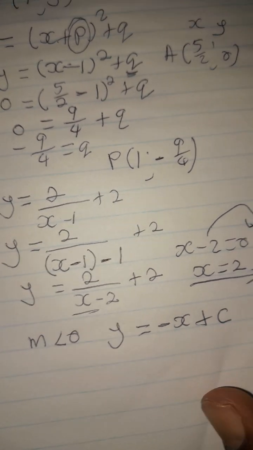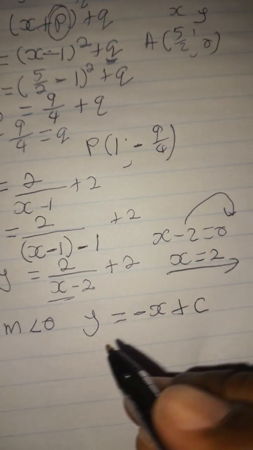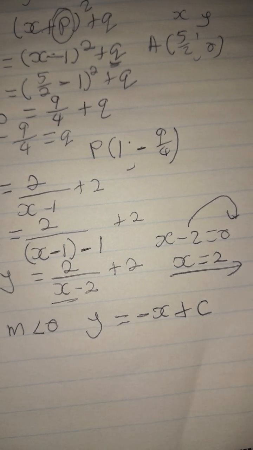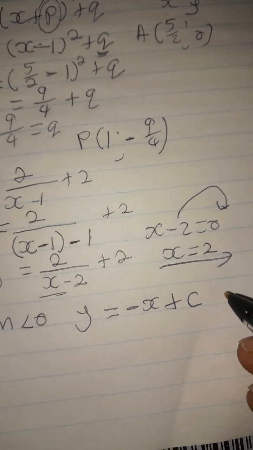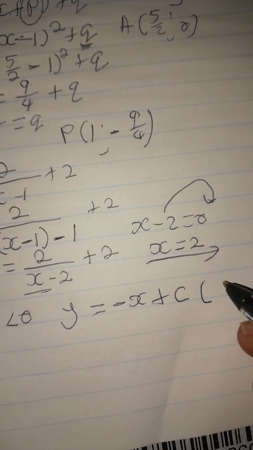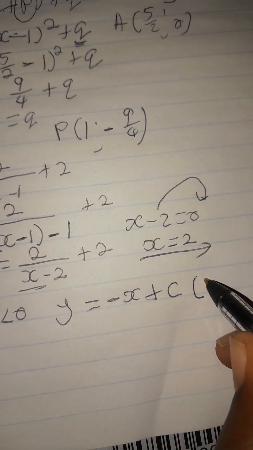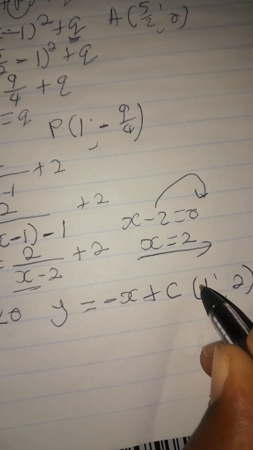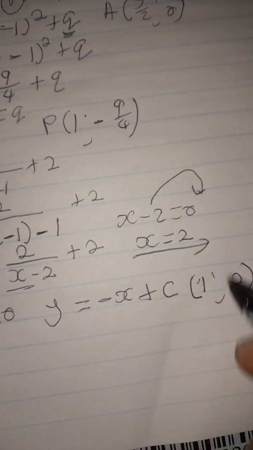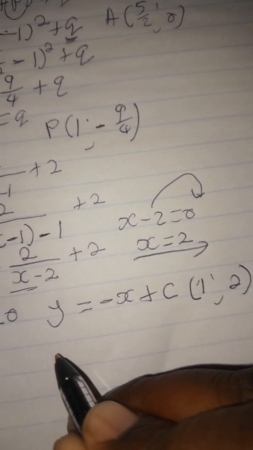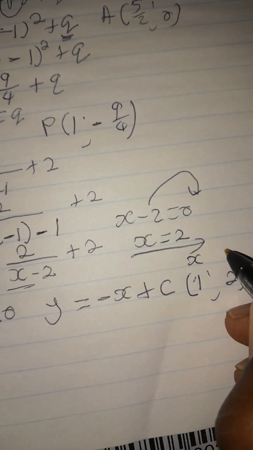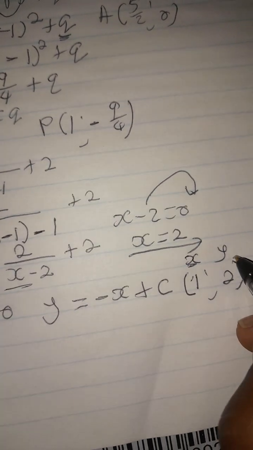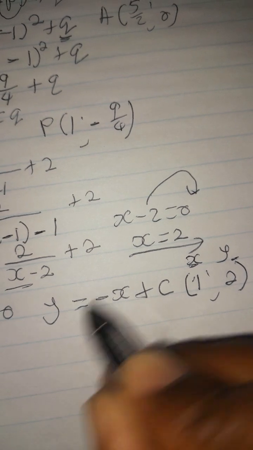So this is the negative gradient equation. So remember that for you to get c, you are going to use your asymptotes. Remember, your vertical asymptote was 1 and your horizontal was 2. So you are going to substitute these coordinates to find c. This will be x, which is your vertical, and this is your horizontal. So let's solve for c.